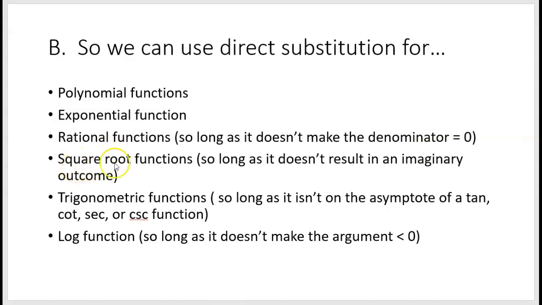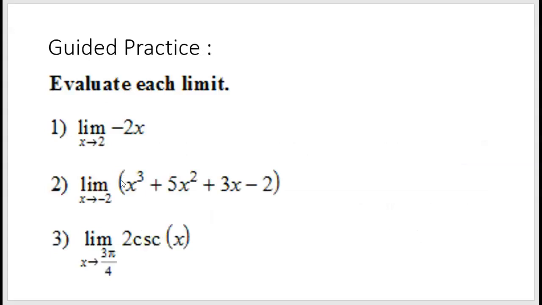You could do direct substitution with square roots also, so long as you don't get an imaginary answer. Or trig functions, so long as it's not on the asymptote. Or log functions, so long as it's not making the argument less than 0. So you can do direct substitution anytime you're not at a discontinuity. If you're at a continuous part of your function, then you can do direct substitution.